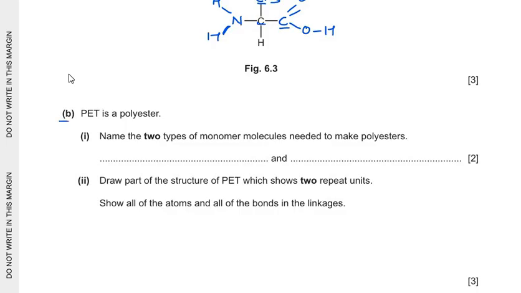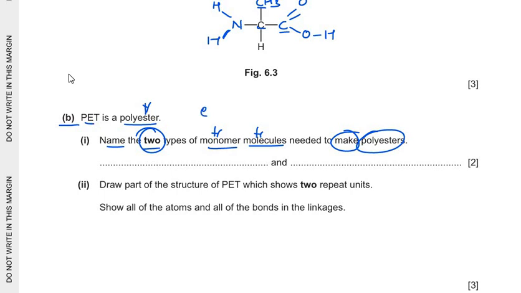Now the B sub question is: PET is a polyester. Name the two types of monomer molecules needed to make polyesters. Now we know that an ester is formed from a carboxylic group and an alcohol group.